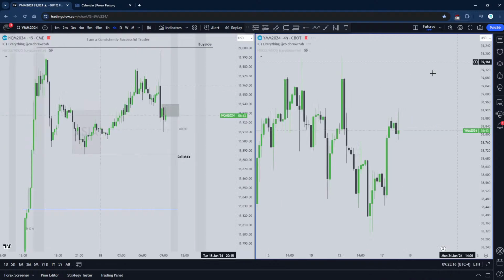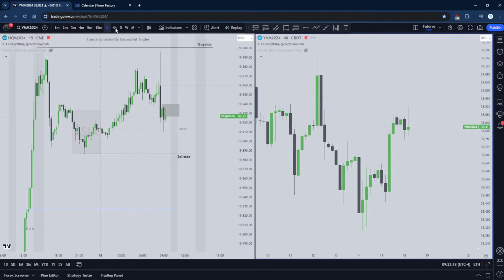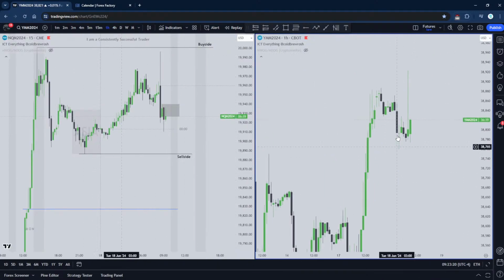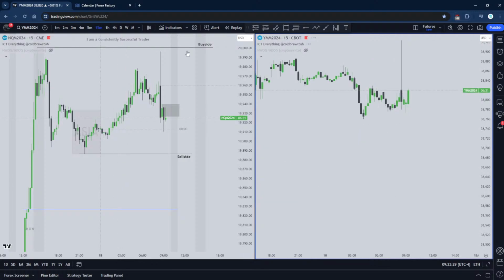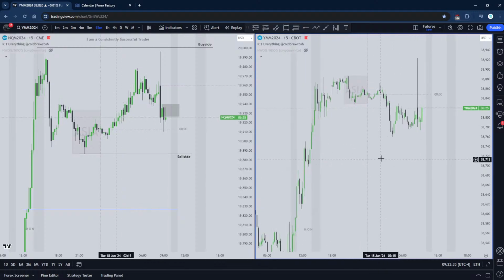YM, what's the structure that we're being provided with? Okay, retracement back into the 15-minute.